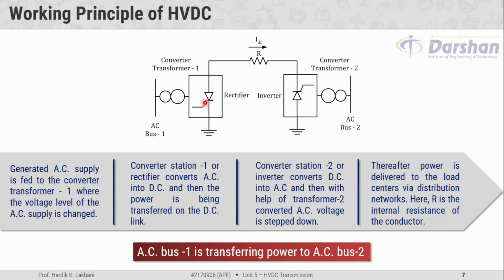Thereafter we have to convert AC parameters into DC parameters. Then power is fed to the link. The link transfers the power to the receiving end. At the receiving end, the DC parameters are converted into AC. Thereafter, the converter transformer steps down the AC voltage and through the distribution network, the power is fed to the load centers. So this is the working principle of HVDC.